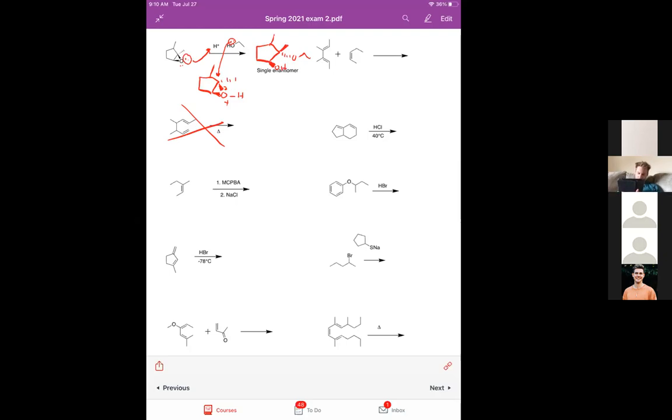This one actually should have had a step 3 for it. Our first step is going to give us an epoxide. After which we are going to open on our less substituted position because we're in a basic solution here. So Cl minus is going to come in and attack. We're still going to get an anti product. Although we have an achiral center on the top, so it's not going to matter.